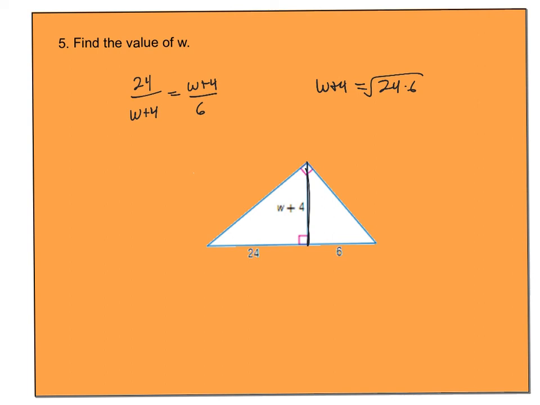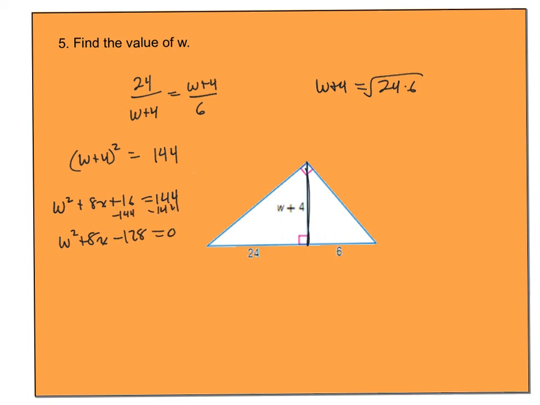So you would have w plus 4 squared equals 24 times 6, which is 144. Multiplying that out, that would be w squared plus 8w plus 16 equals 144. So that would be w squared plus 8w minus 128 equals 0. So I just subtract 144.